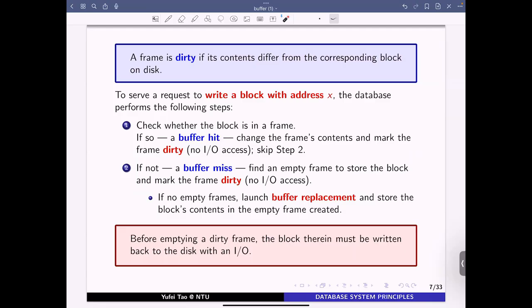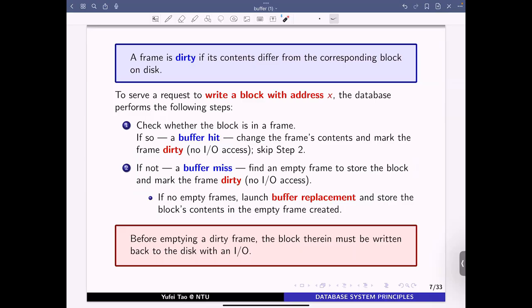Okay, all right, so that is the good case, right? The good case says the block is in the buffer pool. Now let's look at the unfortunate case. What if we have a buffer miss? In this case, what the database does is not to perform the I/O right away, because you are writing, you are not reading, right?